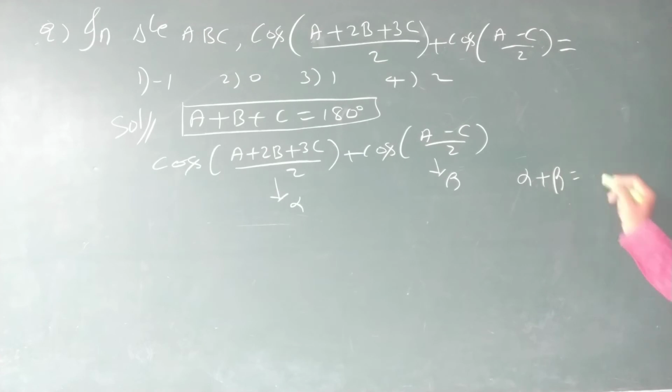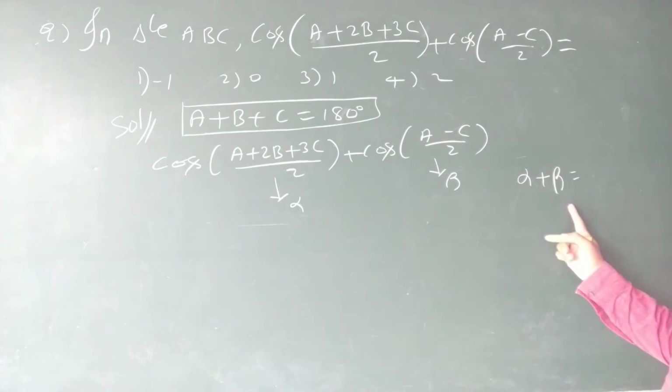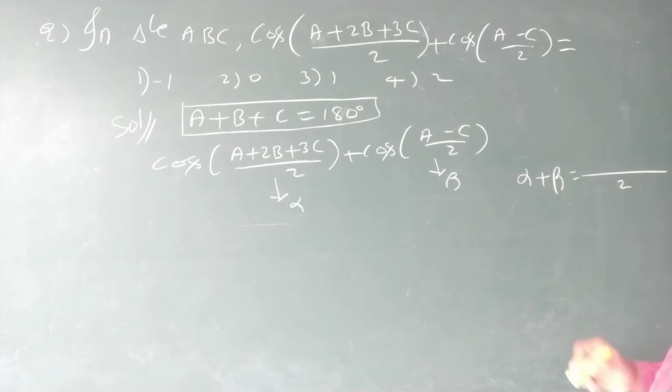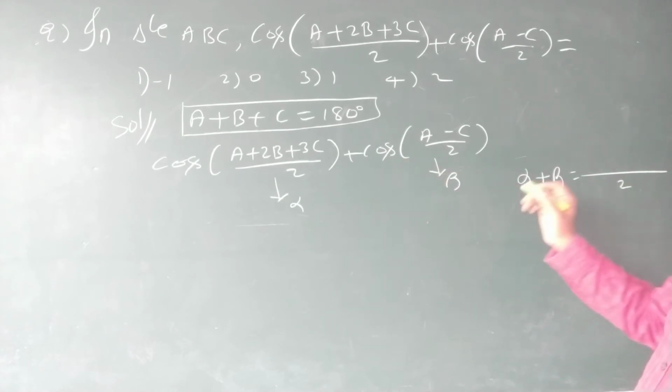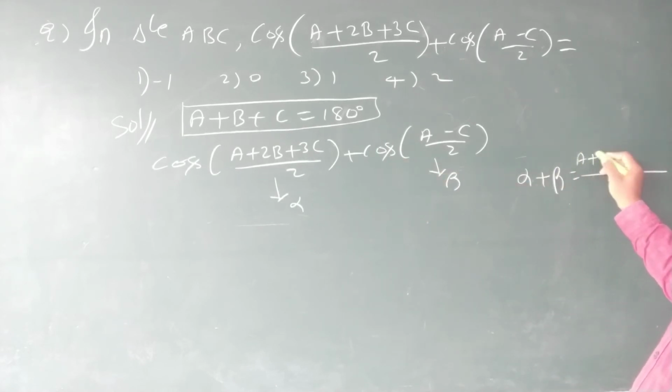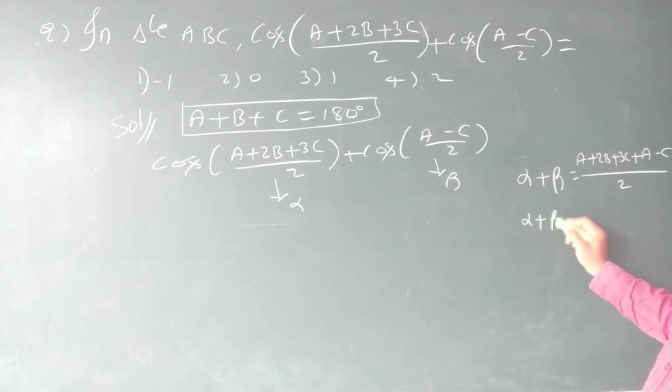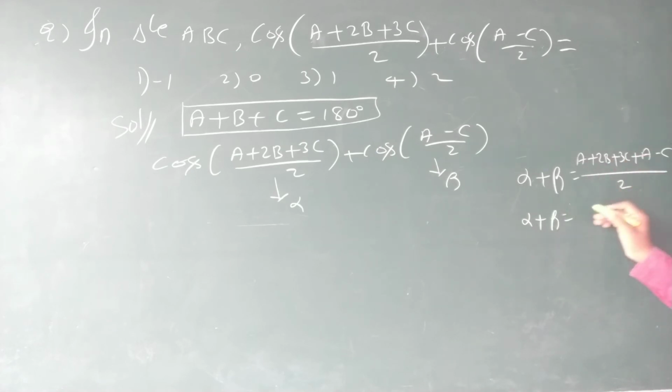The LCM is 2. Now numerator: A plus 2B plus 3C plus A minus C. That's why alpha plus beta is A plus A, 2A, and plus 2B, plus 3C minus C is plus 2C, all by 2.